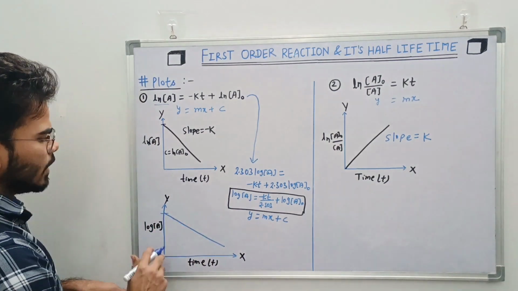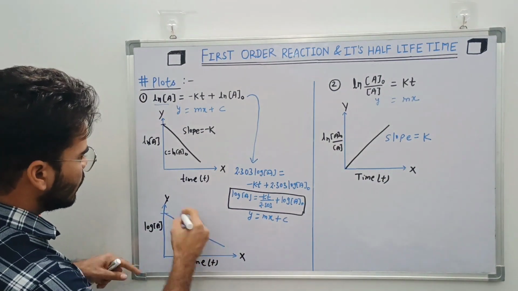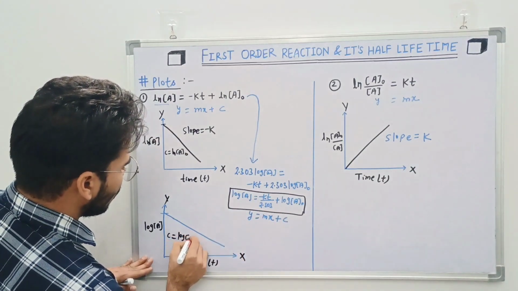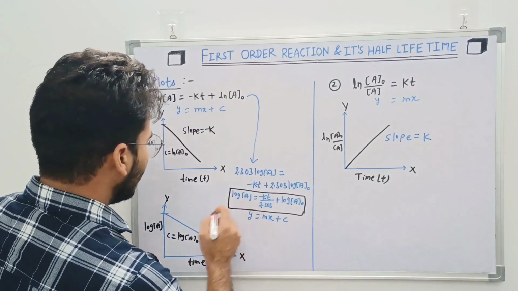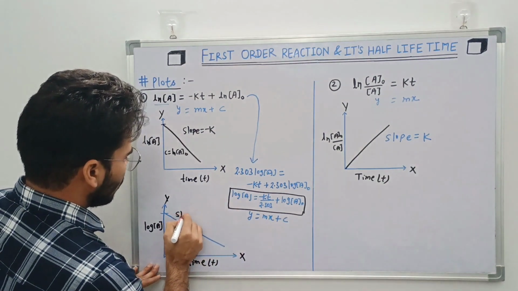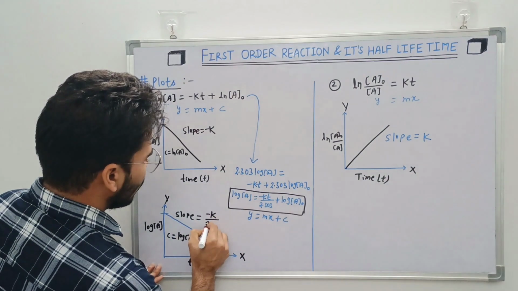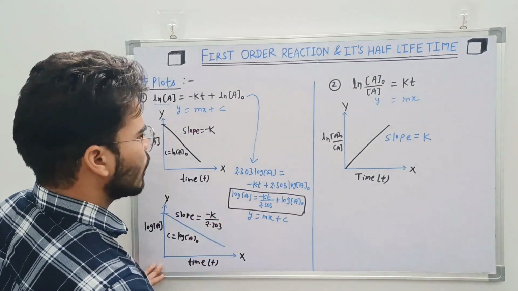Here you can see the intercept will be log a0 and the slope will be minus k upon 2.303.